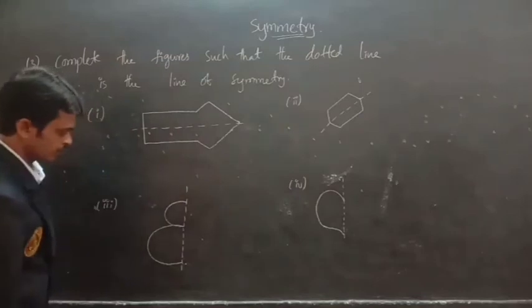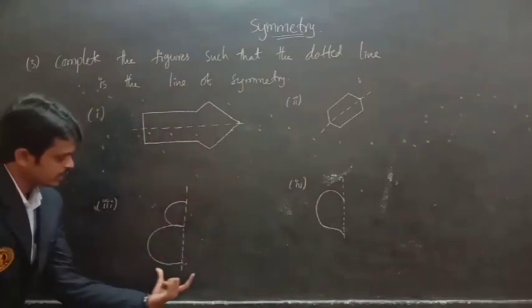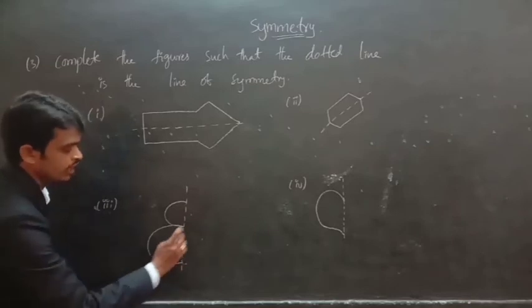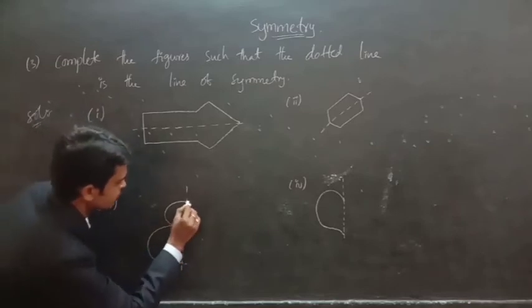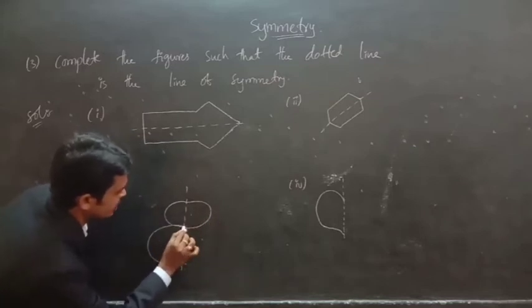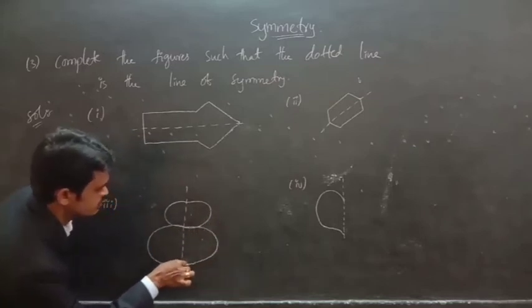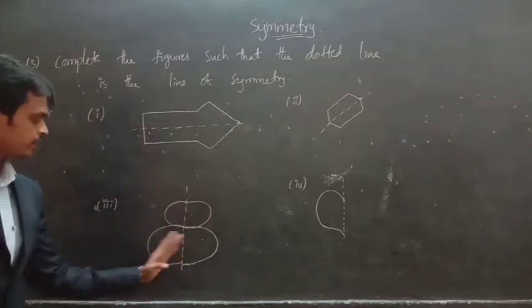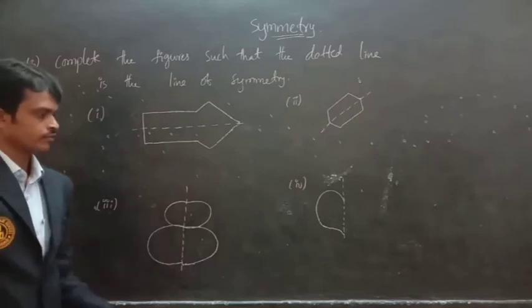Now the third one. Here the diagram is given like this, and this is the dotted line. We have to draw the remaining part like this, and then after like this we have to draw the remaining part of the diagram.